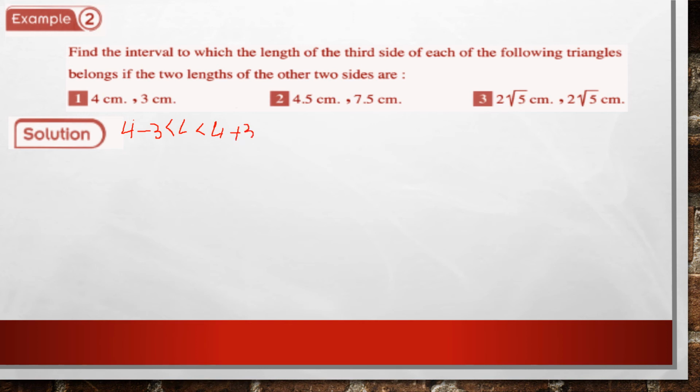So we can say that L belongs to the interval between 1 and 7.